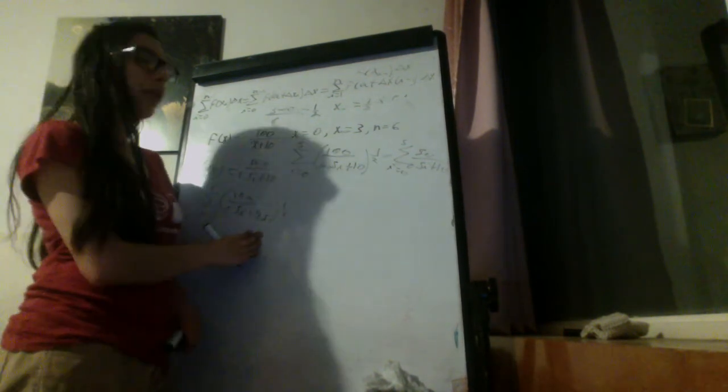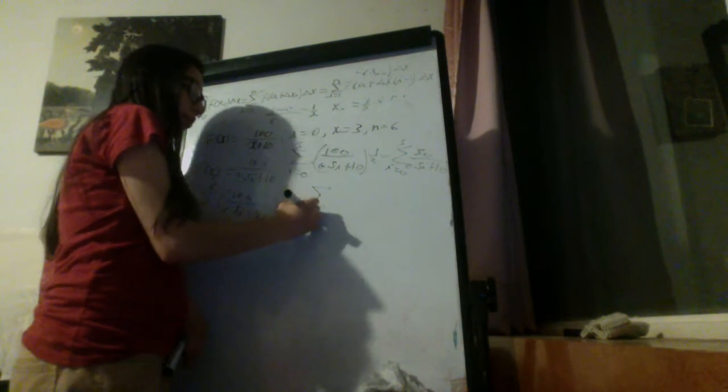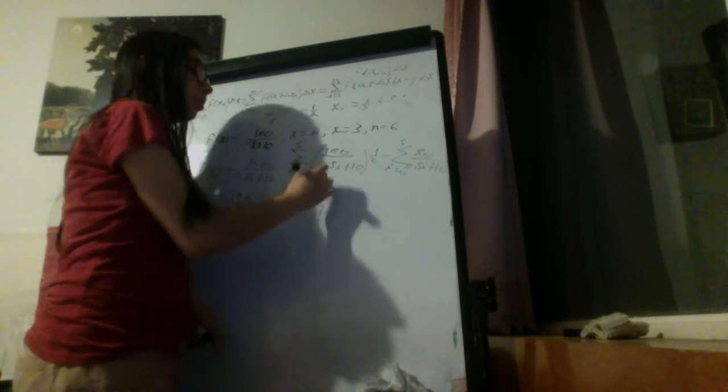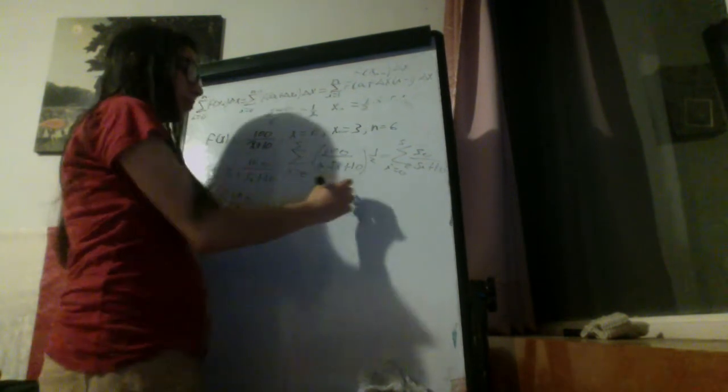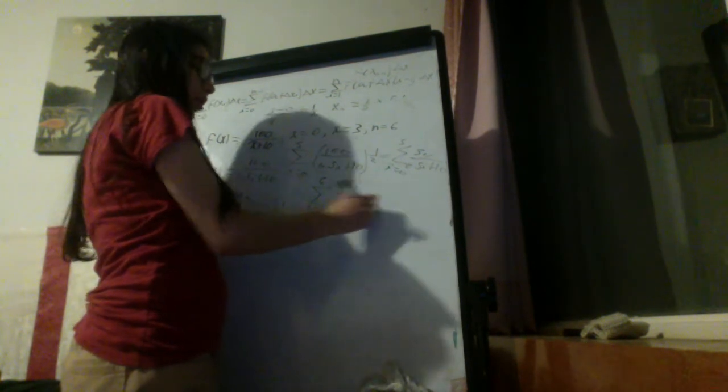Now, the right Riemann notation, the traditional one, would be the summation from i equals 1 to 6 of 50 divided by 0.5 i plus 10.